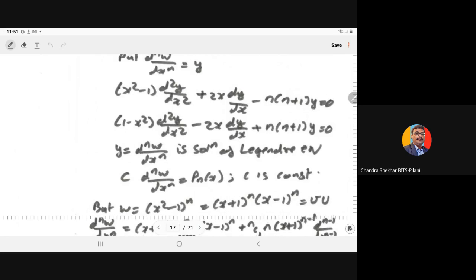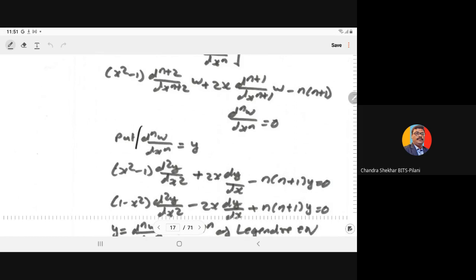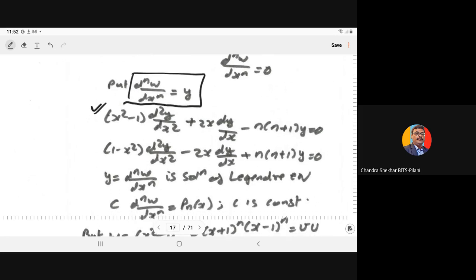So here, if you take the nth derivative, it is equal to y. Our equation, whatever equation we have derived, can be written as (x square minus 1) d2y upon dx2 plus 2x dy dx minus n into (n plus 1) y. And this is the standard Legendre equation, and we know that its solution is Pn(x). A constant multiple of the solution is also a solution.